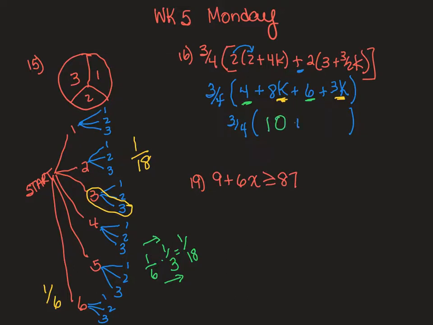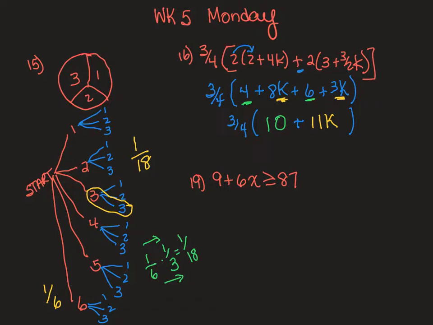And then I have those k's, and I can add them together, and 3k and 4k is 11k. And so I got you that far. I'm going to let you finish that. But remember now, you are going to distribute the 3/4 to the 10 and the 11k, and then look at the answers and see which makes sense. What solves that for you?